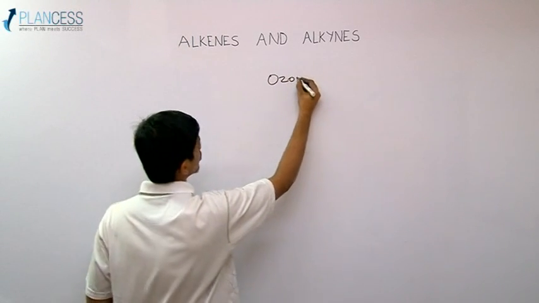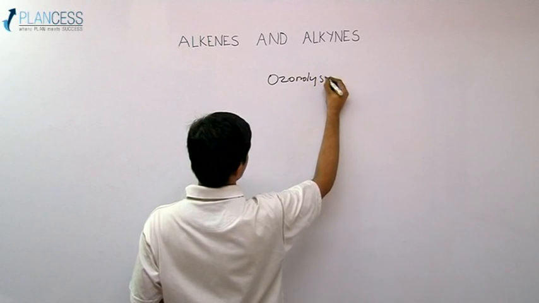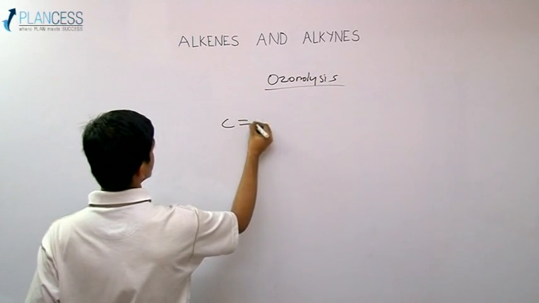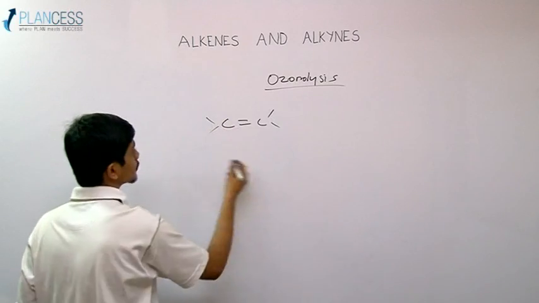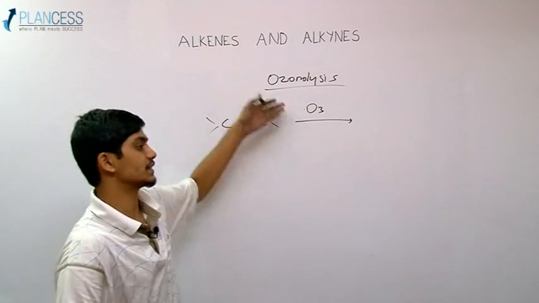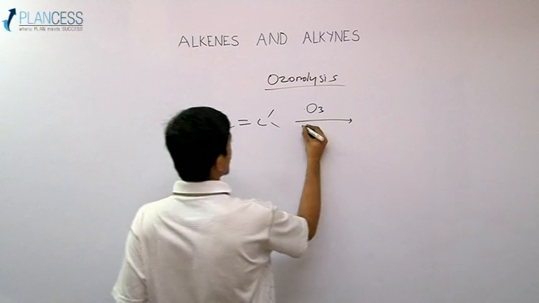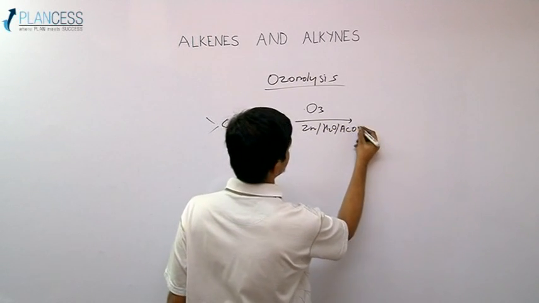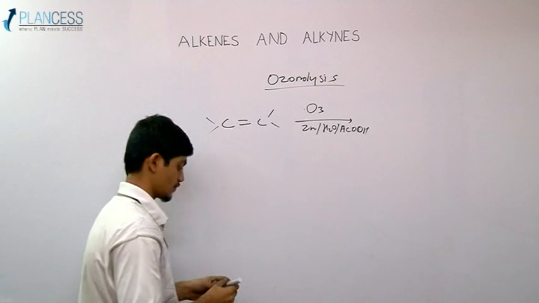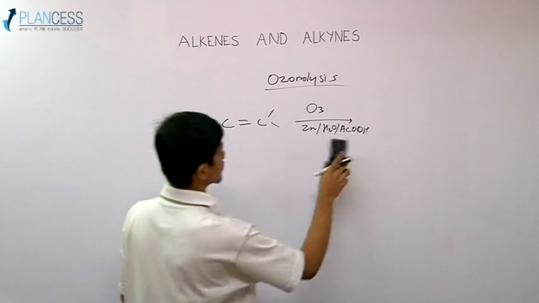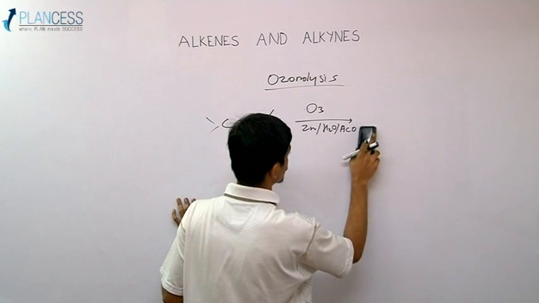So if you have ozonolysis like this, you take an alkene, you use O3 here because the name suggests that the reagent must be ozone, and then you have Zn, H2O and acetic acid, OH. Fine. Now when you have this many reagents, we will see the role of these one by one.